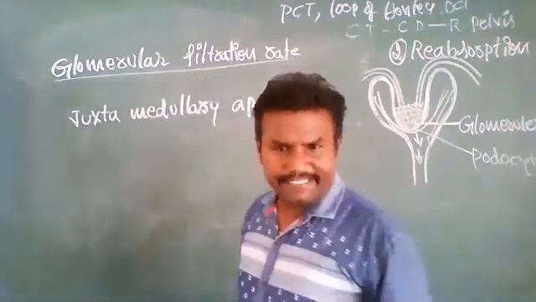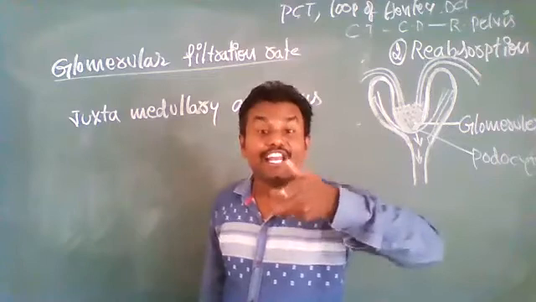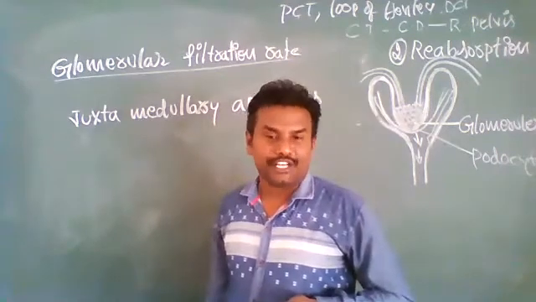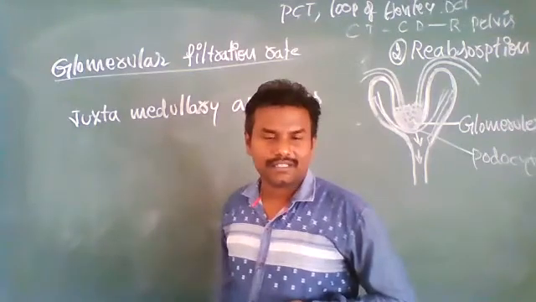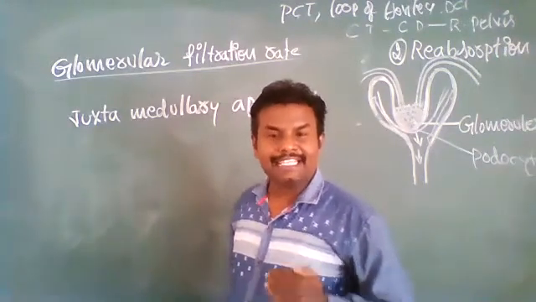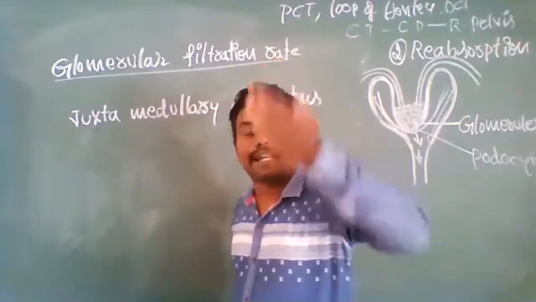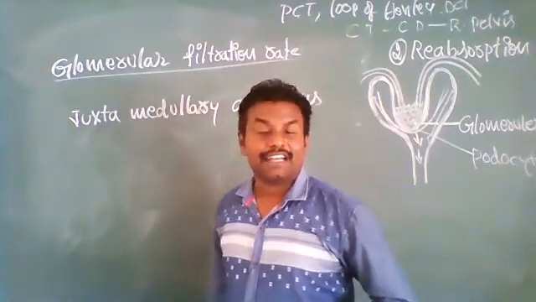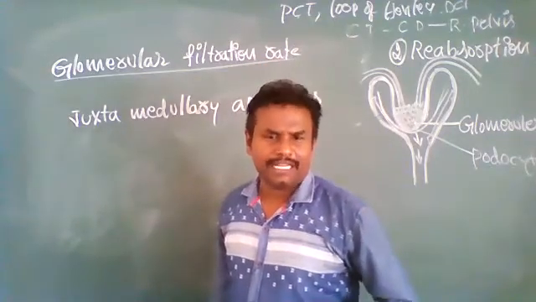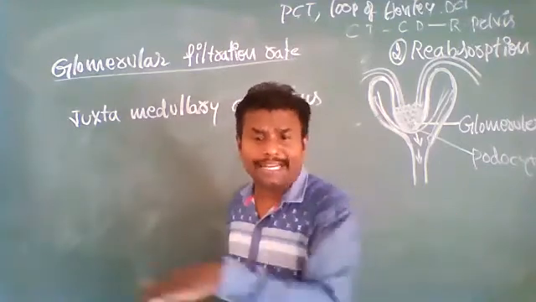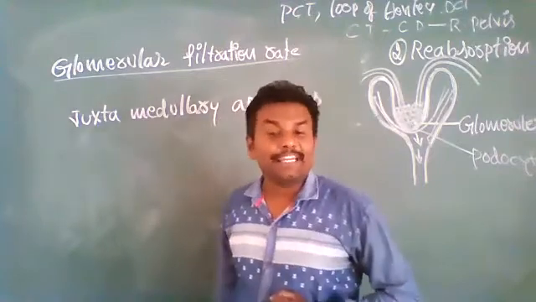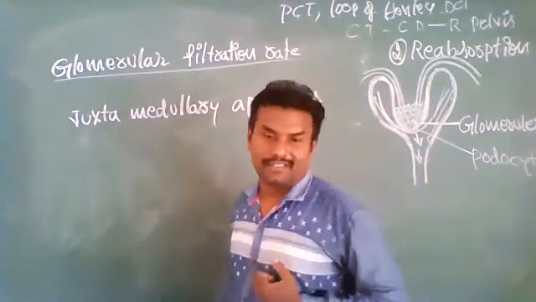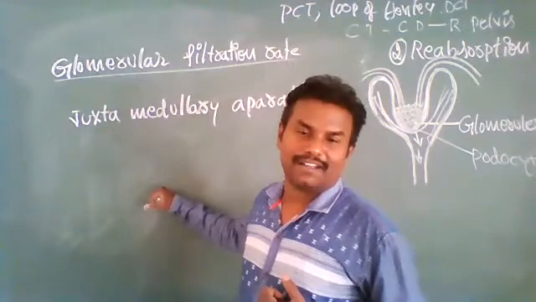The juxtamedullary apparatus will regulate the glomerular filtration rate. Juxtamedullary cells would not increase filtration more and more, and would not decrease the rate of filtration. They always maintain optimal, moderate conditions. That kind of inbuilt mechanism is present in our kidneys.